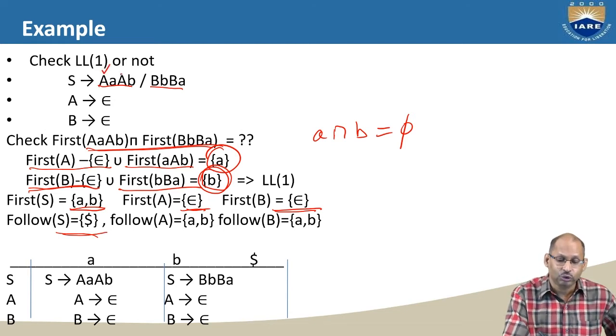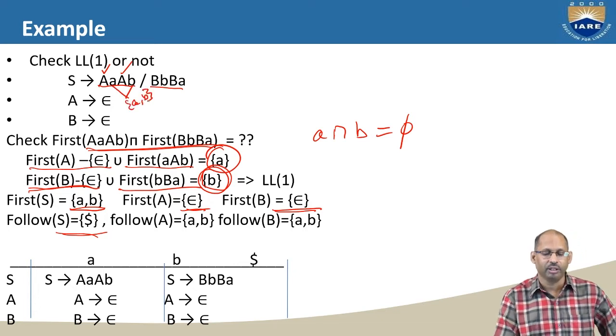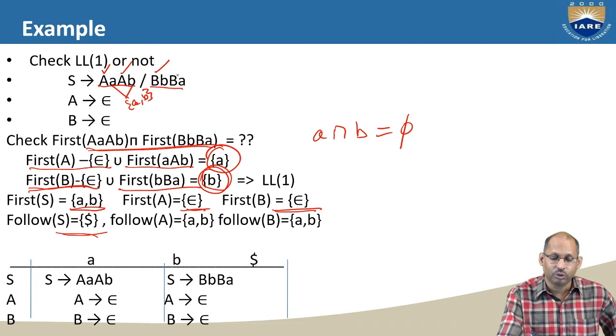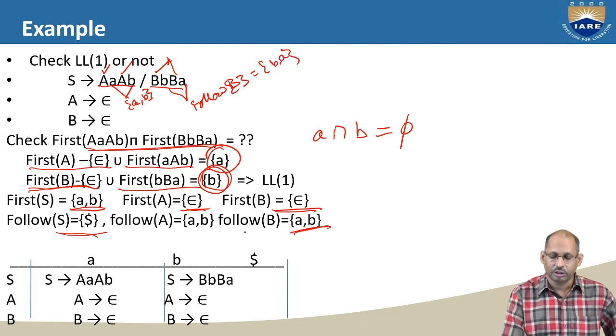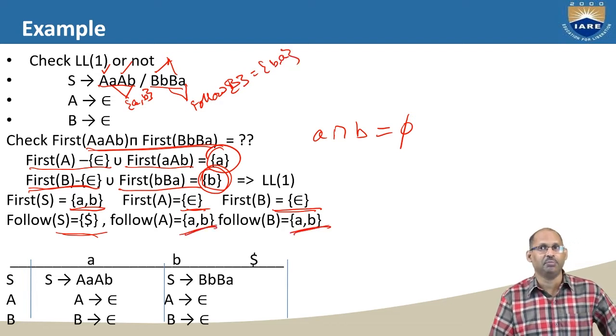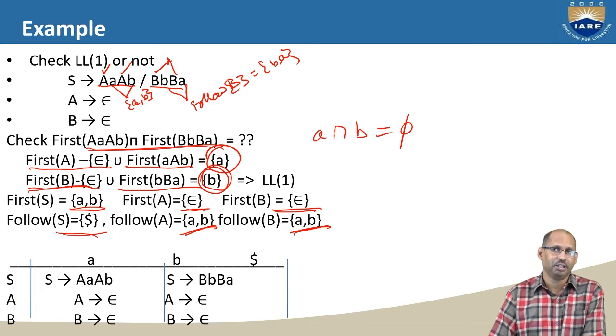A occurs in two places, so both symbols are considered as follow of A. Then B at two places, and both are considered as follow of B. So follow of A is A, B, and follow of B is A, B.